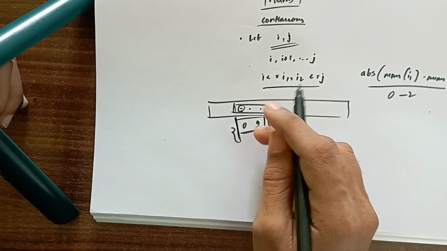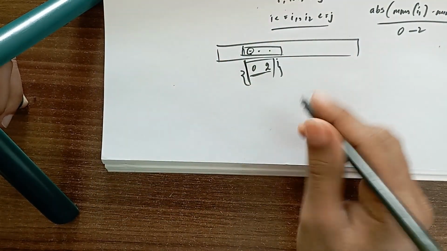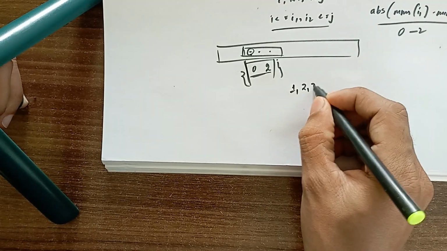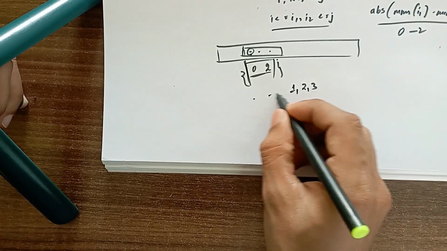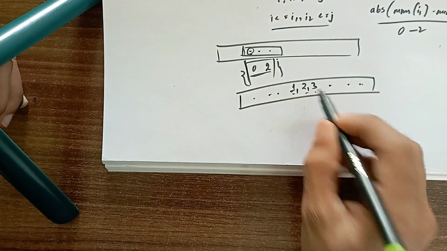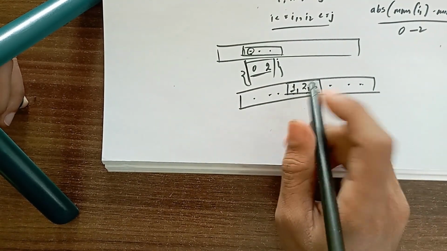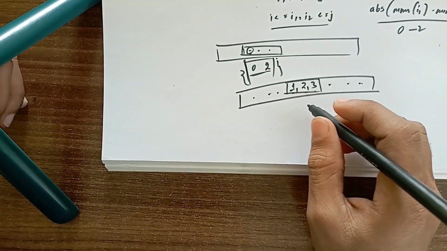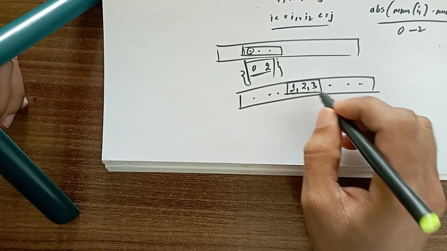Now, subarrays. For example, let me say 1 2 3. This is a subarray in nums. Consider this subarray of size 3.